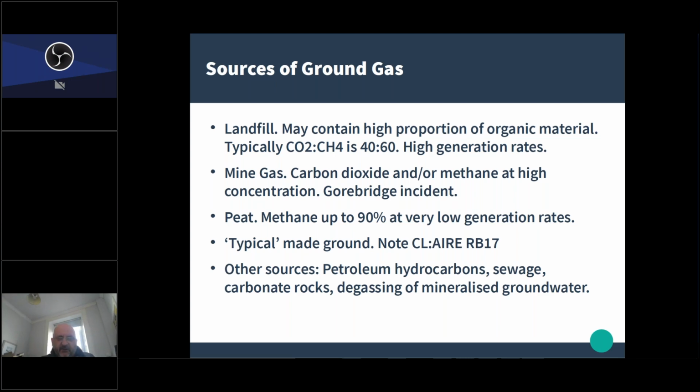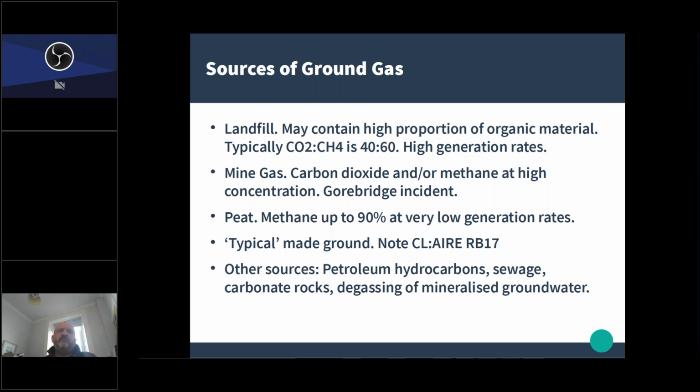It's sometimes possible to distinguish, chemically, between different sources of gas. I mentioned the typical concentration ratio in landfill gas. There are also a range of trace gases that would distinguish landfill gas from, say, mine gas.